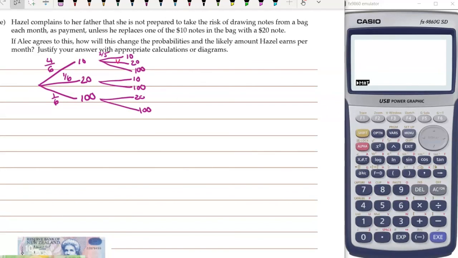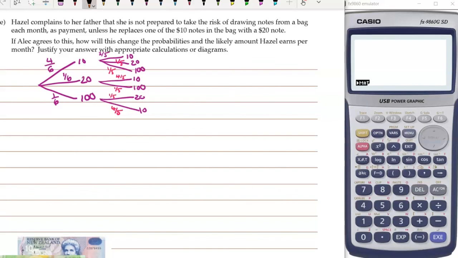We'll have 1 out of 5 there. For the 100, we'll have 1 out of 5. Then 4/5, 1/5, and 1/5. I realized my mistake there. It's not a 100 at the bottom. She could pick a 10 there. There'd be 4/5.